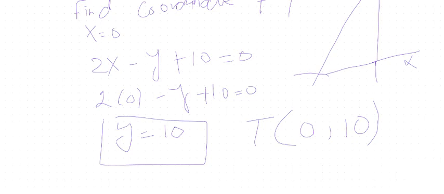Now use the distance formula to find the length of RT. The coordinates are R is (minus 5, 0) and T is (0, 10).